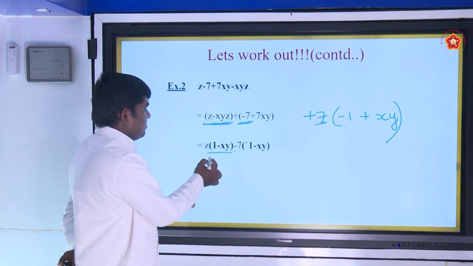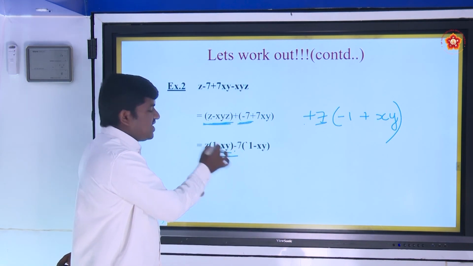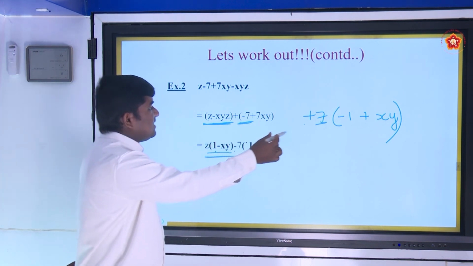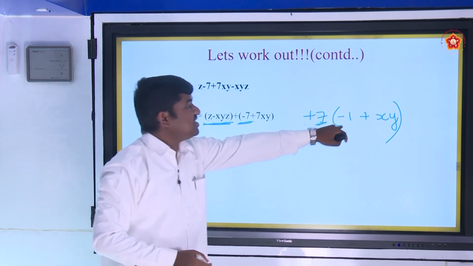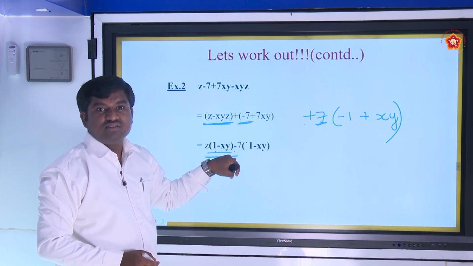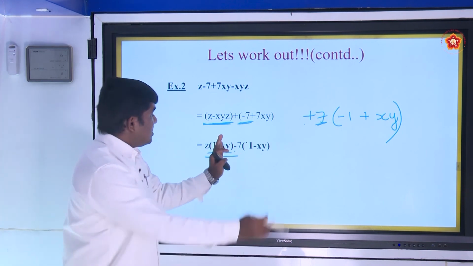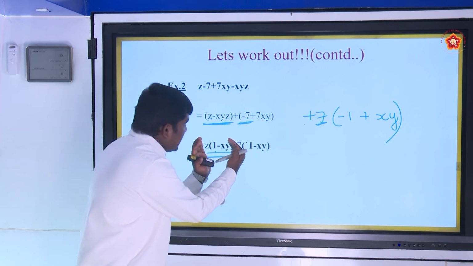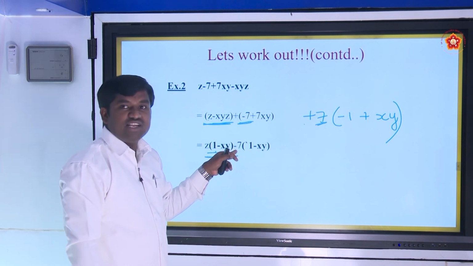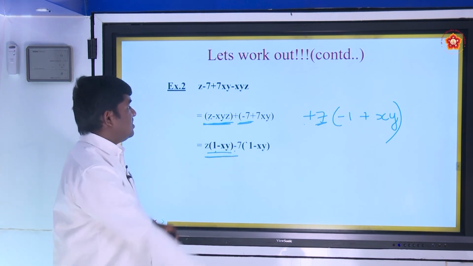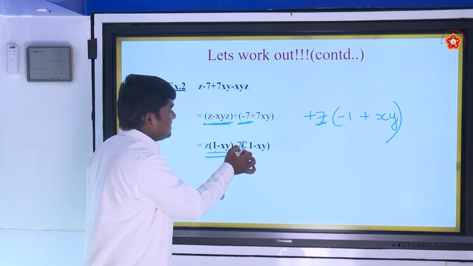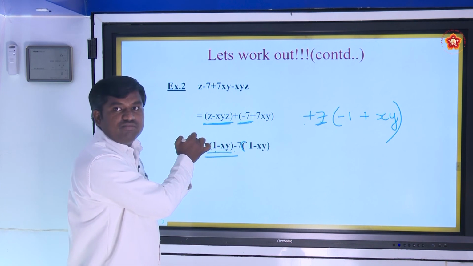But observe here, in the first group 1 minus xy is there. If we take plus 7 as common, you get minus 1 plus xy. But here plus 1 minus xy is needed. So that we have to do to get the same thing here also. So I took minus 7 as a common factor. If we take out minus 7 as a common factor, here minus into plus is minus 7.